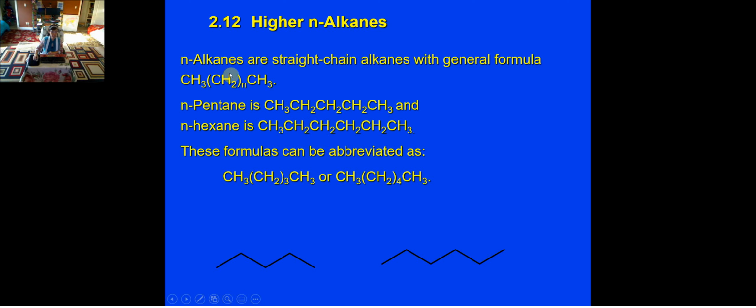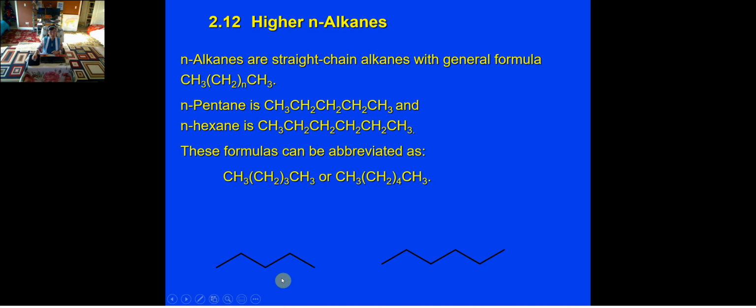If n is 3, you have CH3, CH2, CH2, CH2, and then CH3. If you put them together, all the carbons are connected to each other in a straight line. In this case, you have normal pentane, with 5 carbons. Its bond line structure will be 1, 2, 3, 4, 5 carbons.